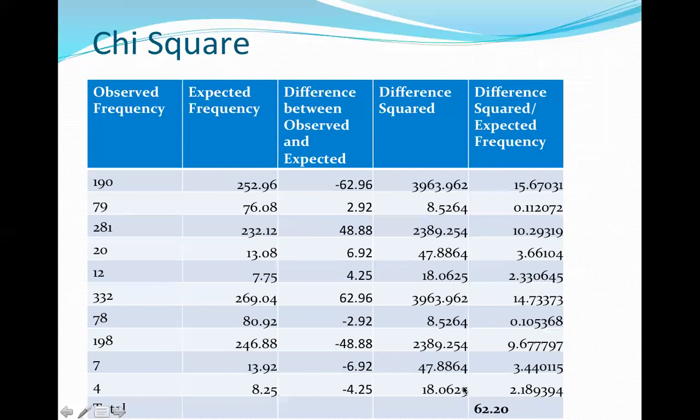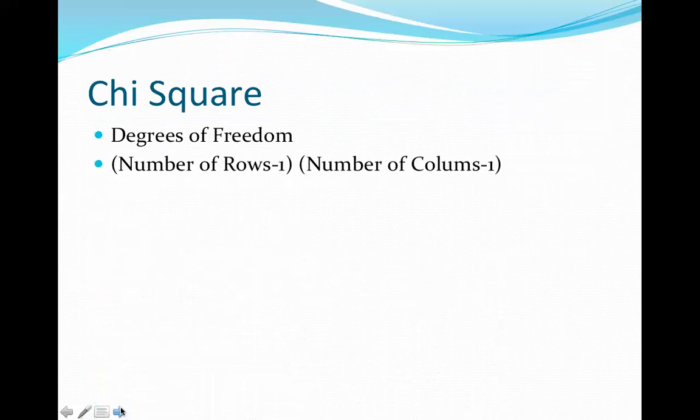So in this example, our chi-square is 62.20. So definitely very much greater than 0, which would suggest statistical independence. But in order to really know whether it's statistically significant, we have to turn to our chi-square distribution, and we need to know something called the degrees of freedom.